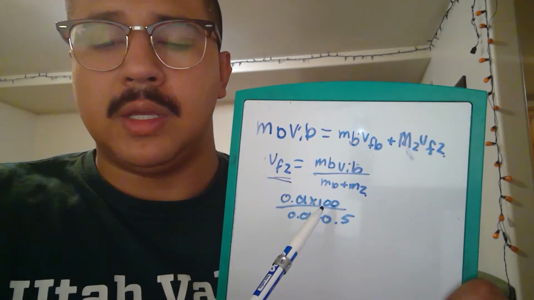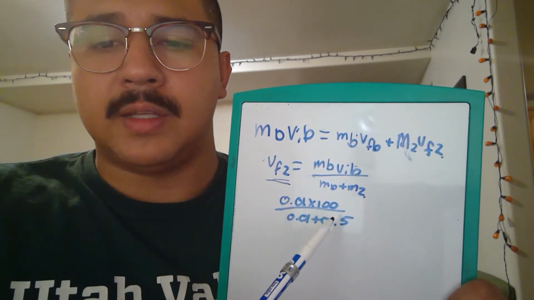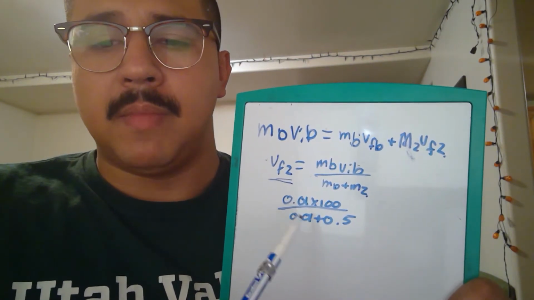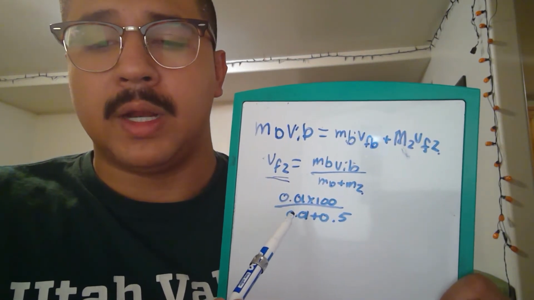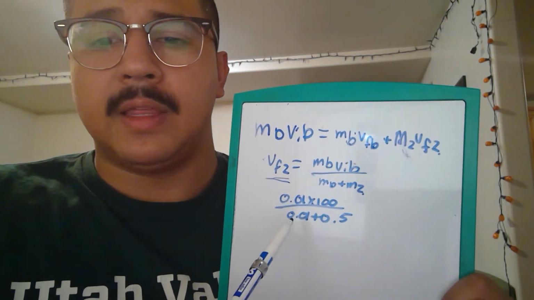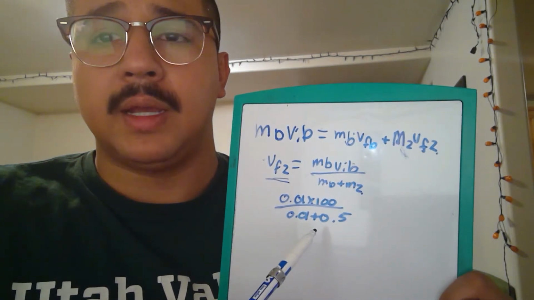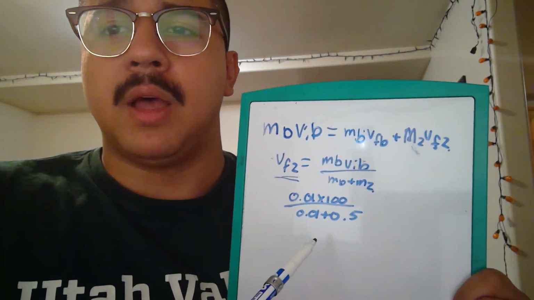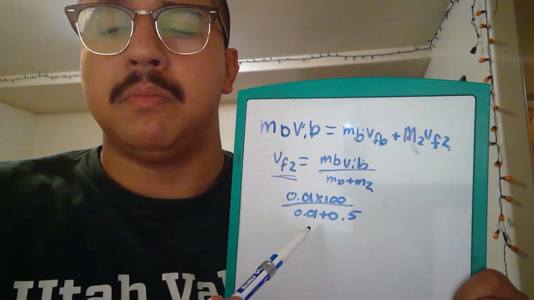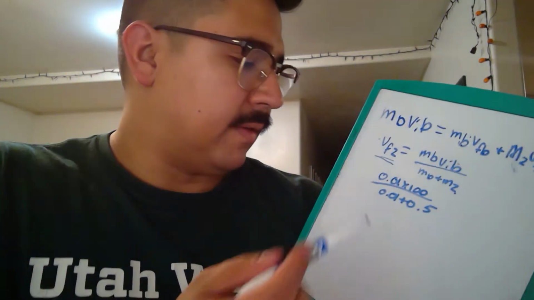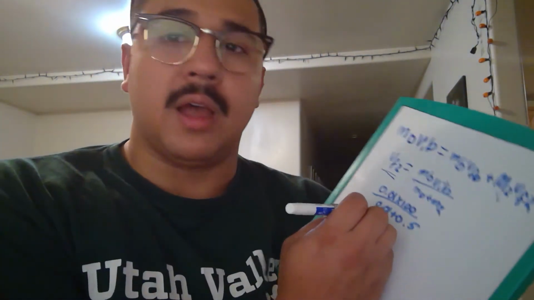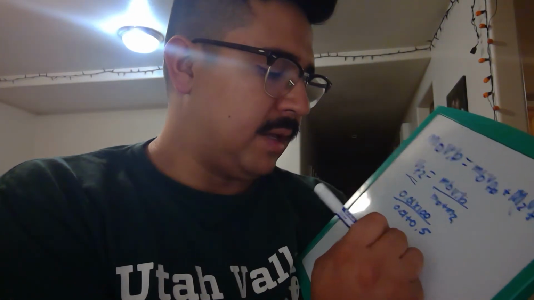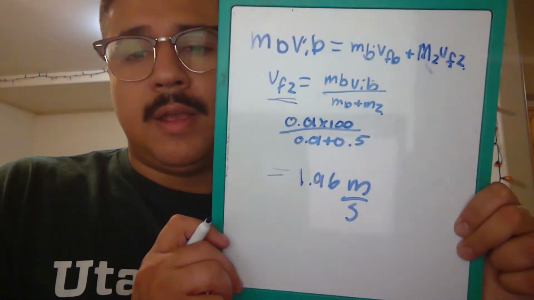So I'm going to do the velocity of the bullet, which was 100 meters per second, times the mass of the bullet, which was 0.1 kilograms, and then divide that by both of the masses combined, which was 0.5 for the block and then 0.1 for the bullet. And that's going to give us an answer of the block moving at a velocity of 1.96 meters per second.